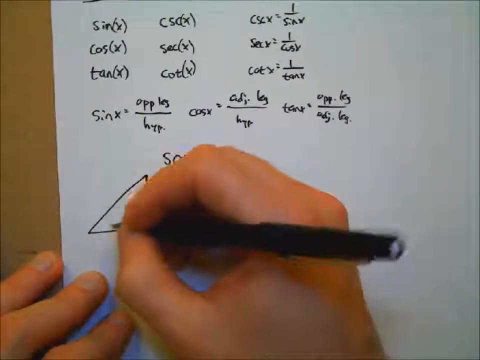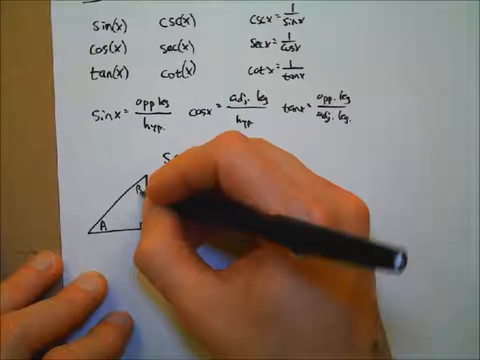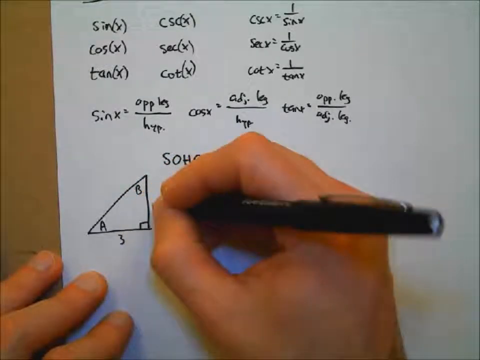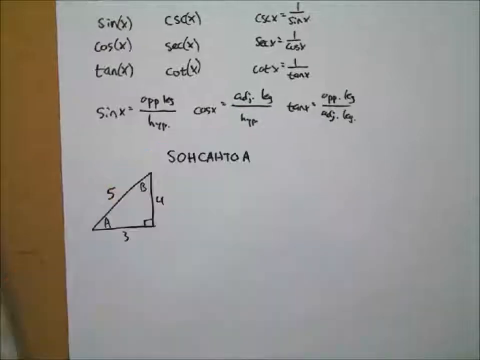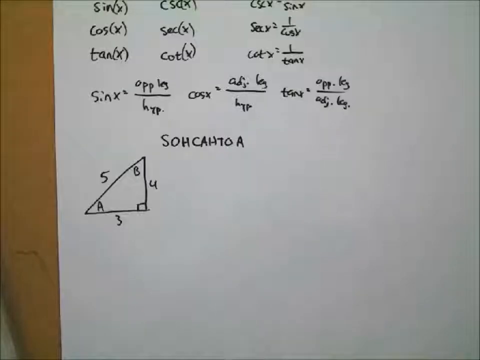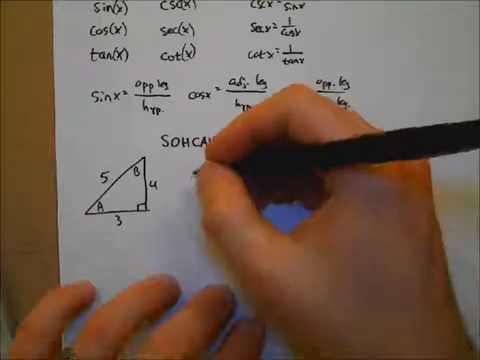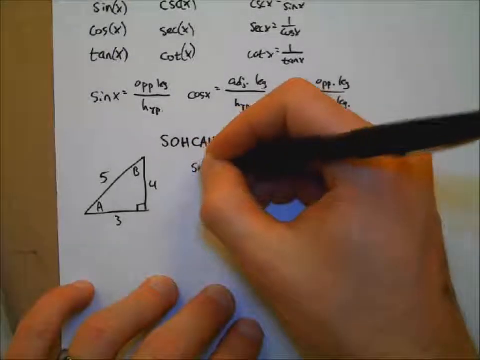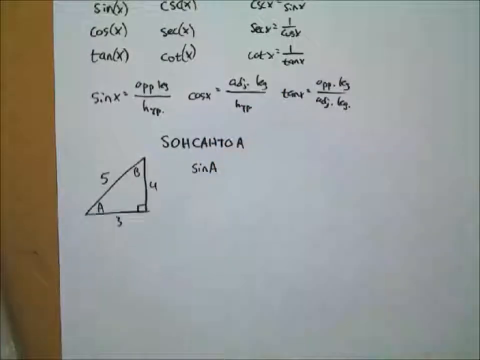So I'm going to label some angles, capital A, capital B there, and 3, 4, and 5 in there. Classic 3, 4, 5 Pythagorean triple. Let's say I wanted to find the sine of angle A. By the way, sine, cosine, and tangent, their inputs, their domains, are angles.